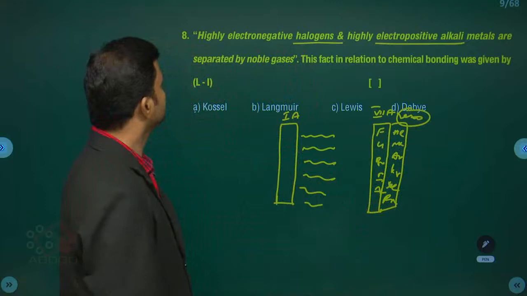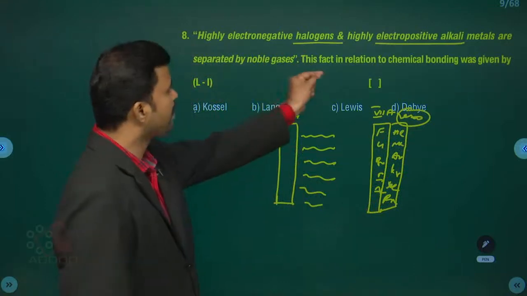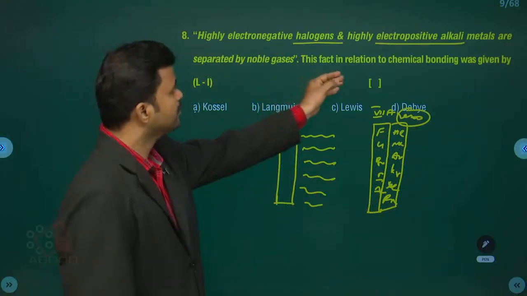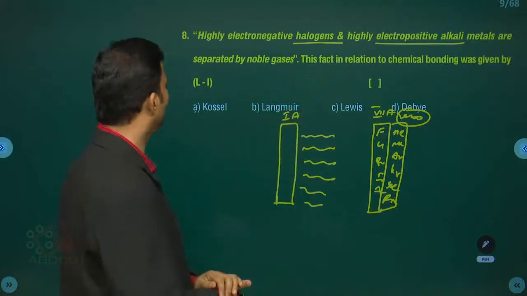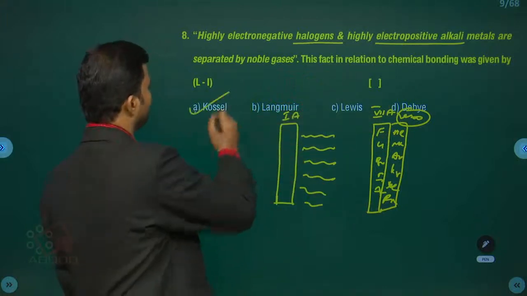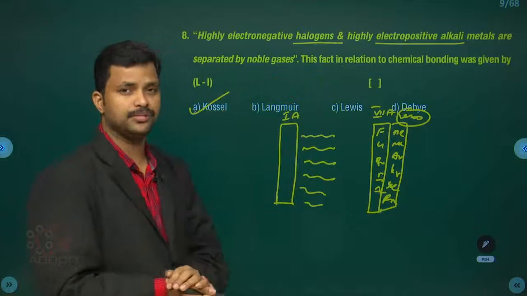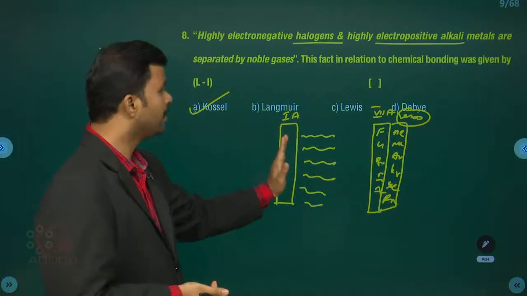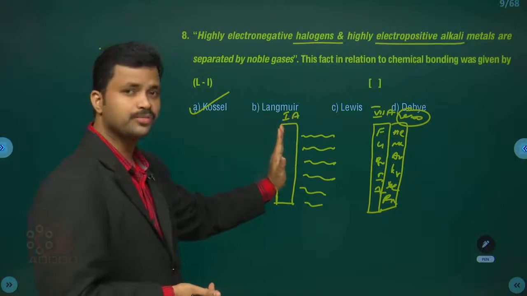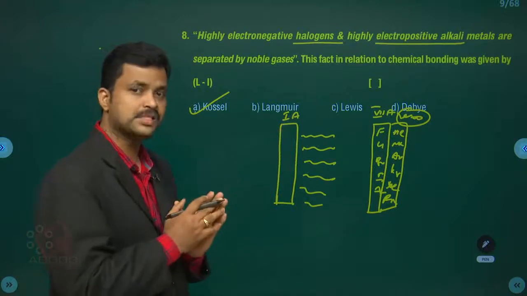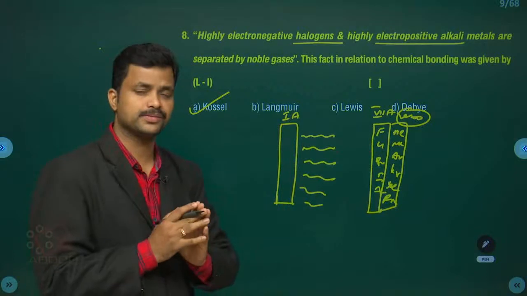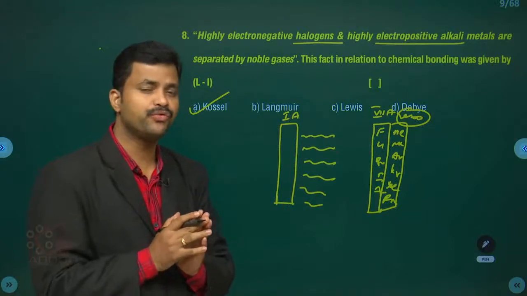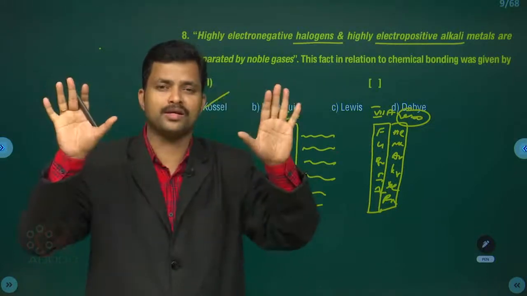Okay, so this fact related to chemical bonding was given by Kossel. Halogens and alkali metals, lithium, sodium, potassium, rubidium, are separated by 0 group elements. One has to view the periodic table not in a square manner.